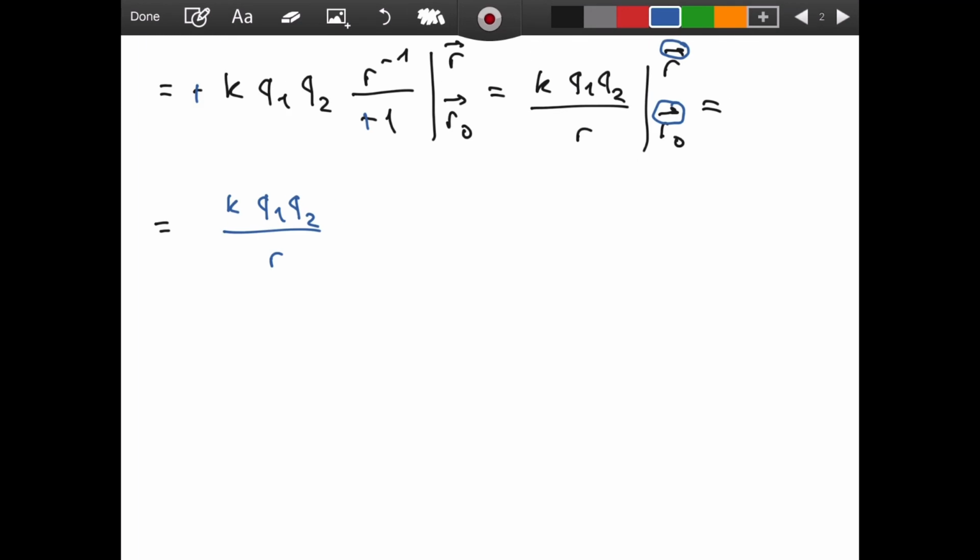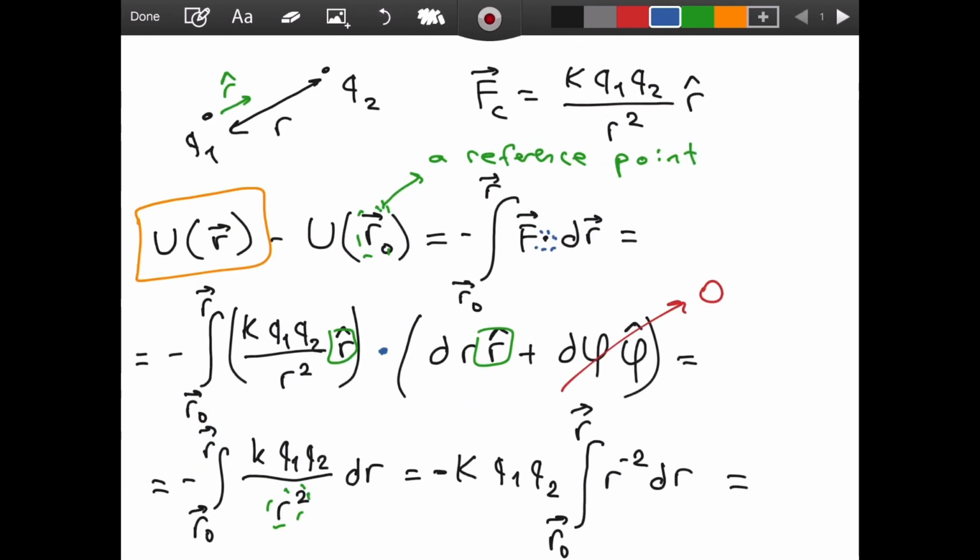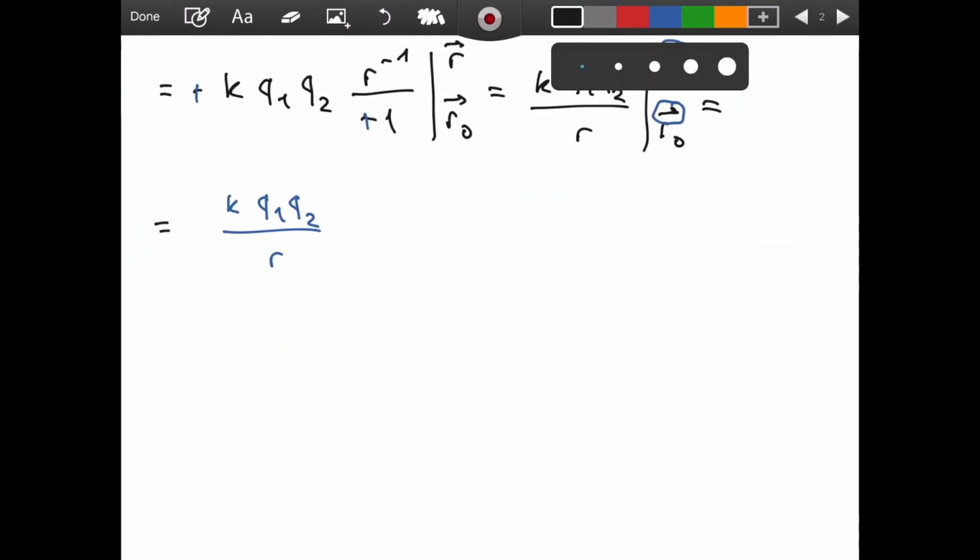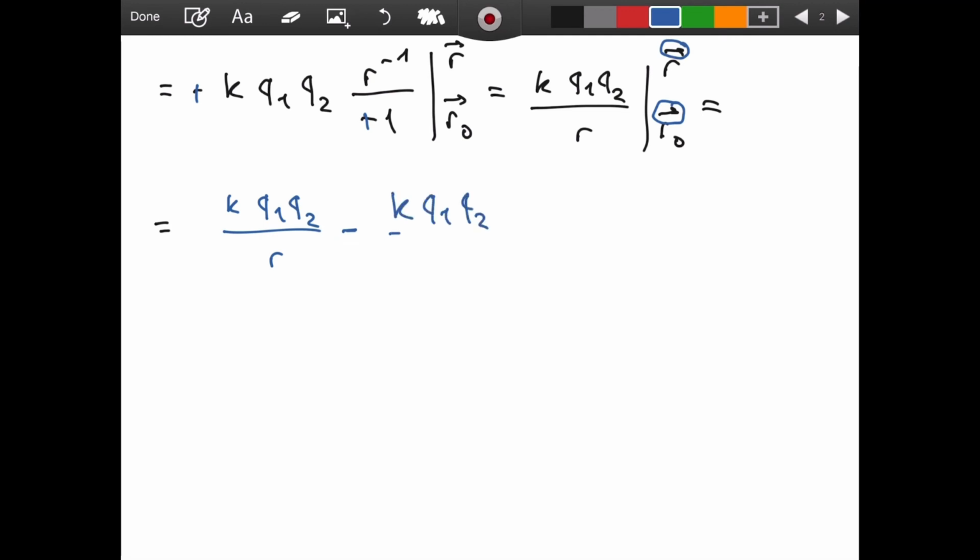But if you want, you can keep it. We substitute, but don't divide by a vector, okay? Don't write it like this. We need to divide by the magnitude of the vector. Then we have the minus sign, and we have k, q1, q2 divided by r naught.